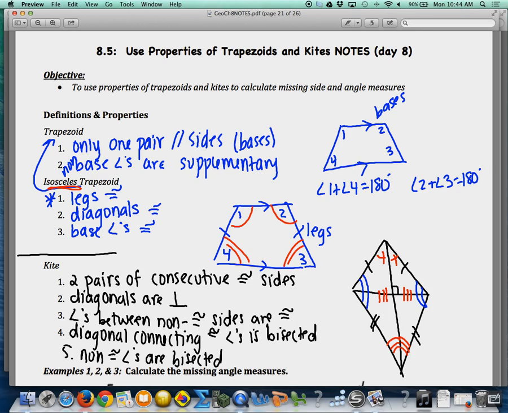Can I erase and move on? No, not yet. Okay. Do we have all of this written in at least one spot?